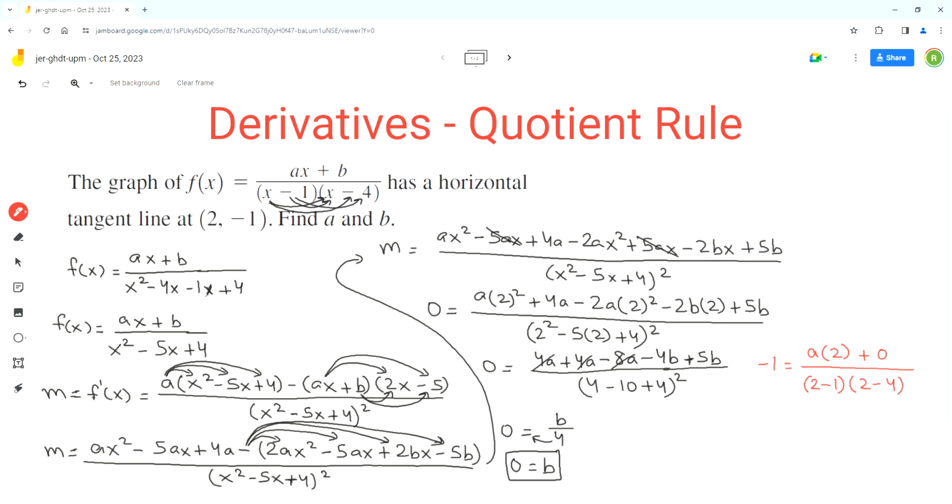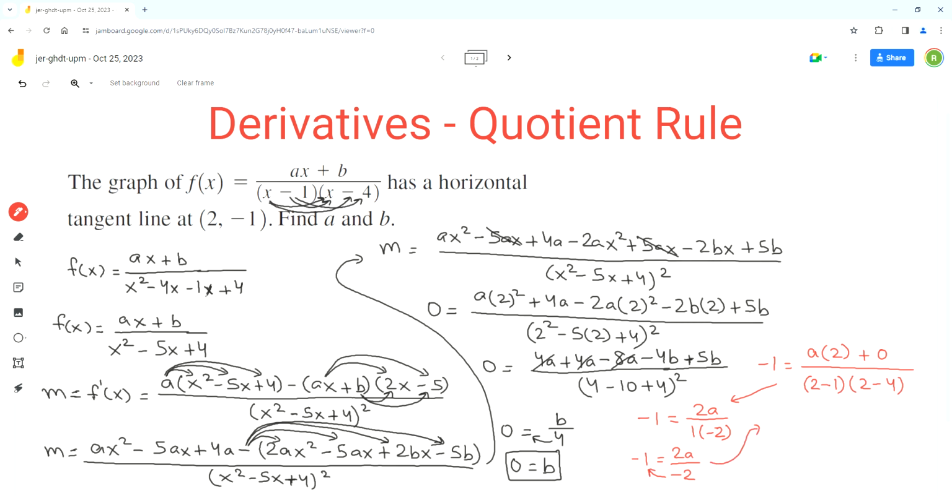So we have to solve this equation to find the value of a. So we get negative 1 equals 2a in the numerator, because addition with 0 doesn't change anything, over 1 times negative 2. So we get negative 1 equals 2a over negative 2. Now we can cross multiply the negative 2.